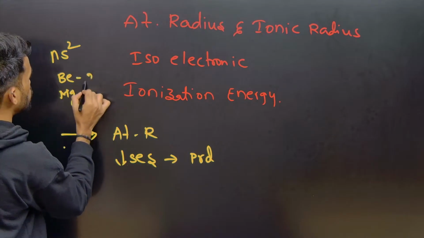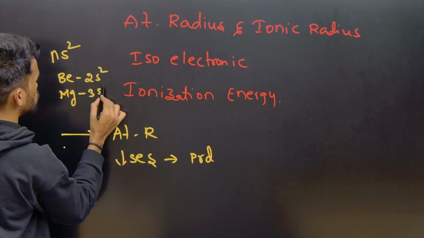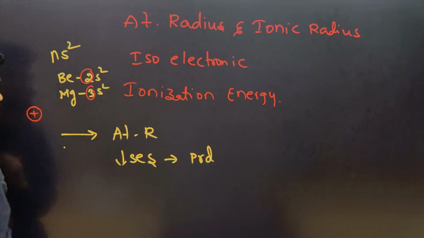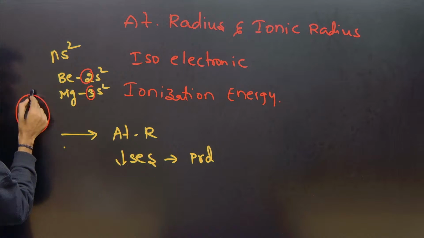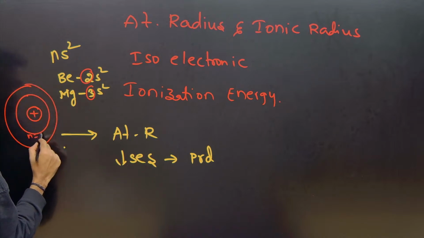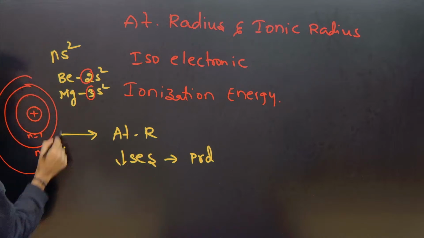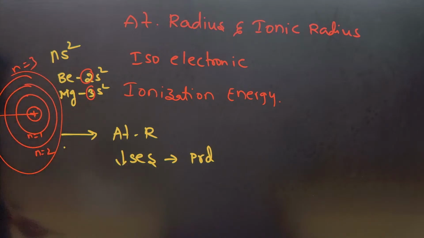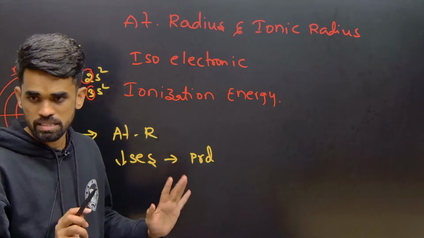Here we write 2s2, here 3s2. See, this n value is increasing. If this is the nucleus of an atom and these are the shells, n equals 1, n equals 2, n equals 3. As n values increase, the radius also increases. So down the group, atomic radius increases.